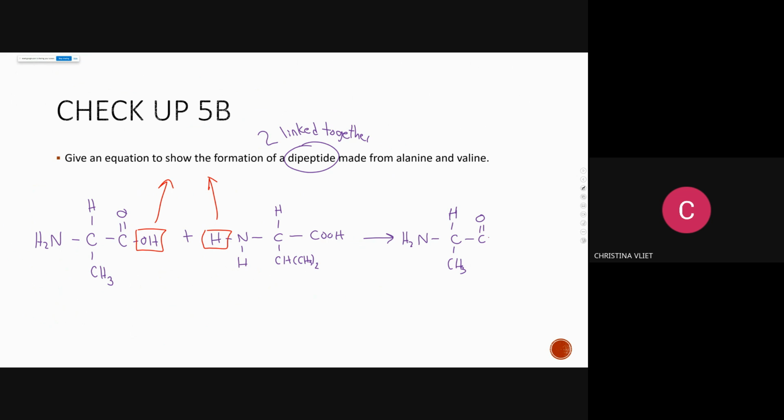And I'm going to write this in a new color because that's the new thing, right? The C is linking to the N, H, C, H, C, O, O, H, and C, H, C, H3. So everything else gets written the same. Typically, there may be a point where they ask you to label the peptide bond. Where would the peptide bond be? It's this red one. So this is called the peptide bond because it links the amino acids together.